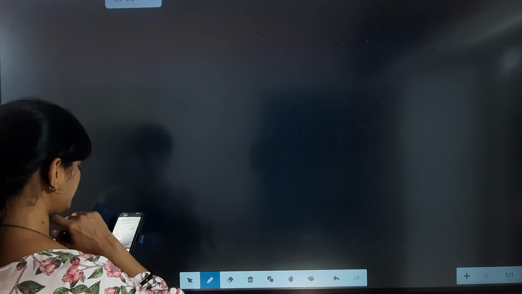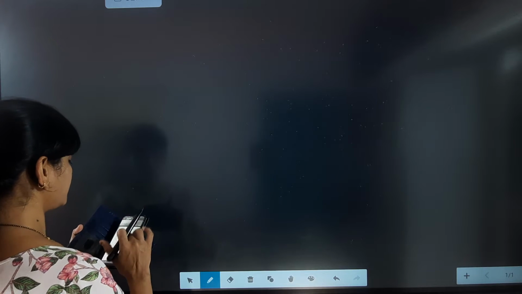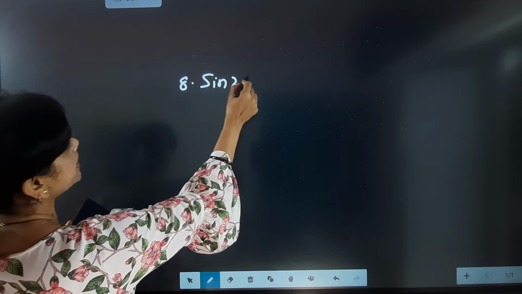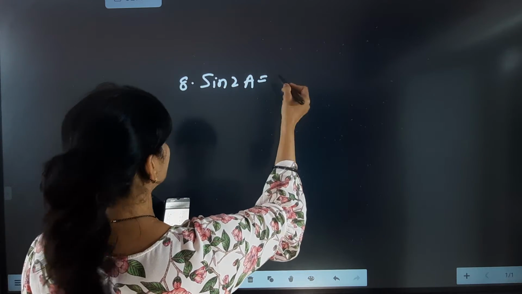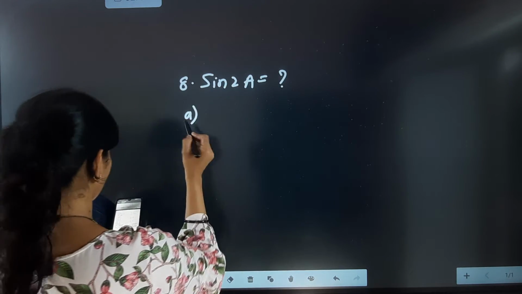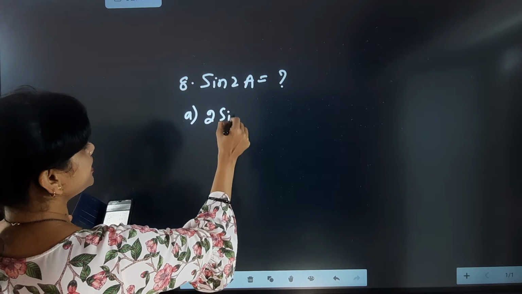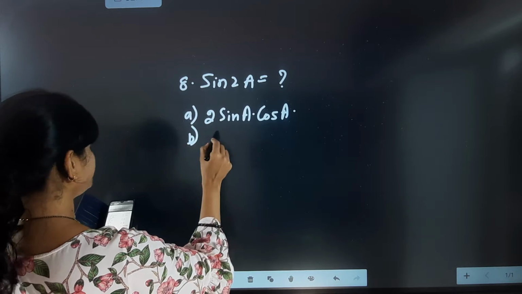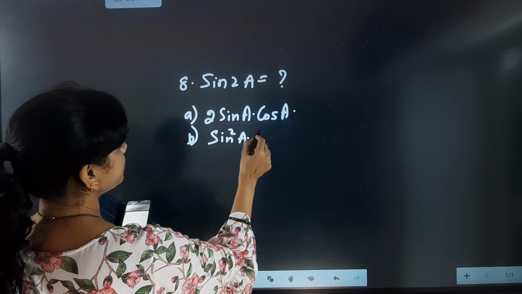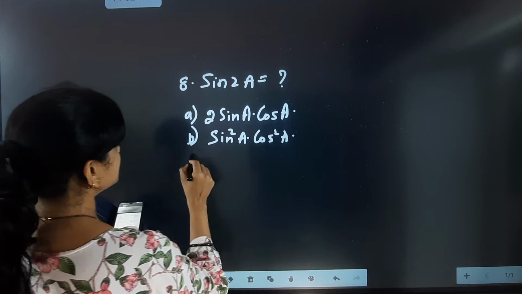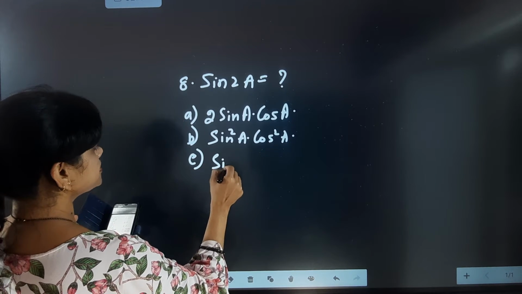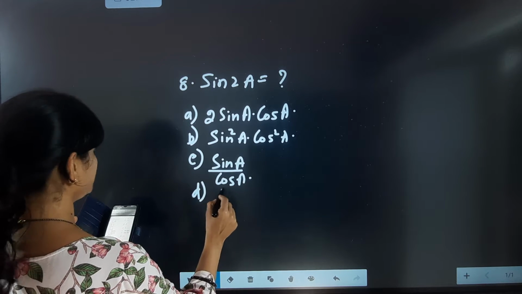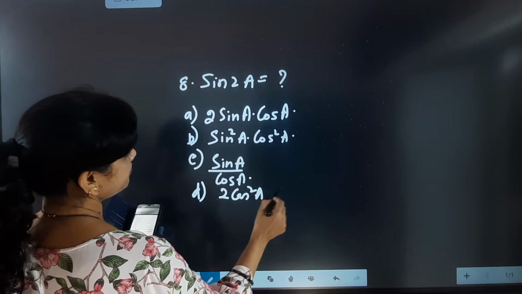Okay, so now the next question is sine 2a. Now question number 8, sine 2a will be equal to what? Options given were 2 sine a into cos a, second one sine square a cos square a, third option sine a by cos a, and fourth option 2 cos square a minus 1.